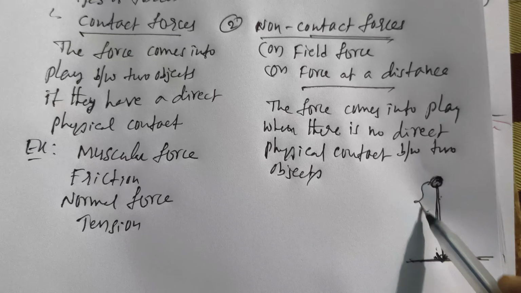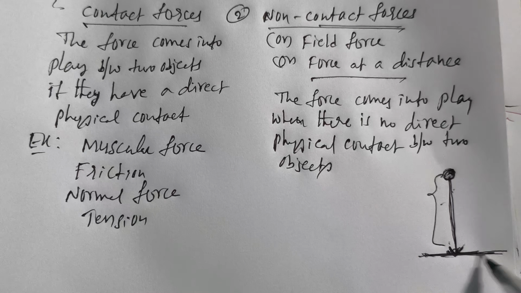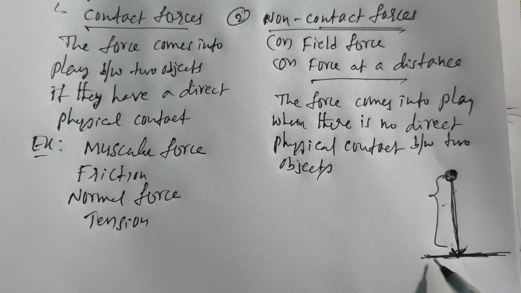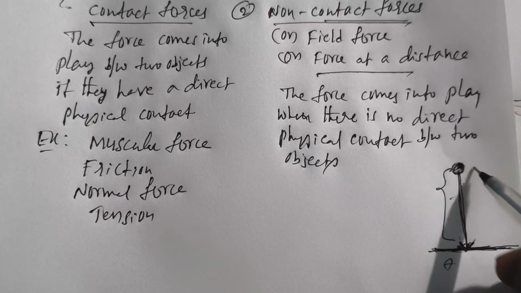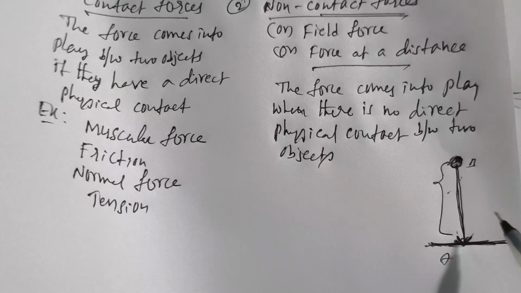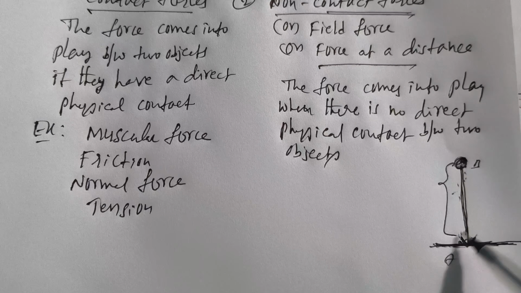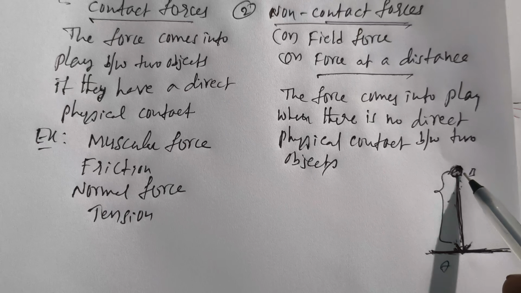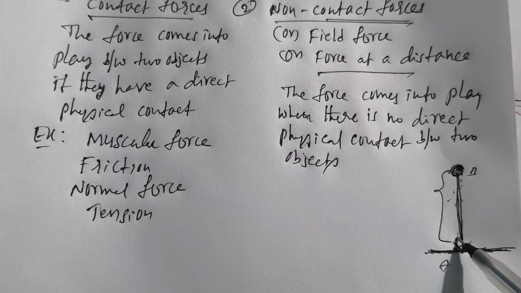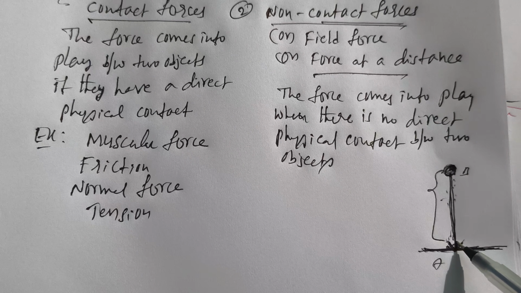That means there is a distance between the surface and the object. Here is object A and here is object B. Between objects A and B there is no direct contact, yet the object falls down.